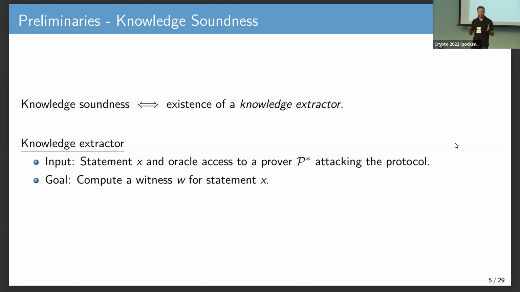This basically means that if a prover succeeds with large enough probability in convincing the verifier, then the knowledge extractor can extract a witness from this prover. Therefore, the prover must actually know a witness. So this is the way to formally define knowledge soundness. And this will also be our work to construct certain knowledge extractors for parallel repetitions of interactive proofs.